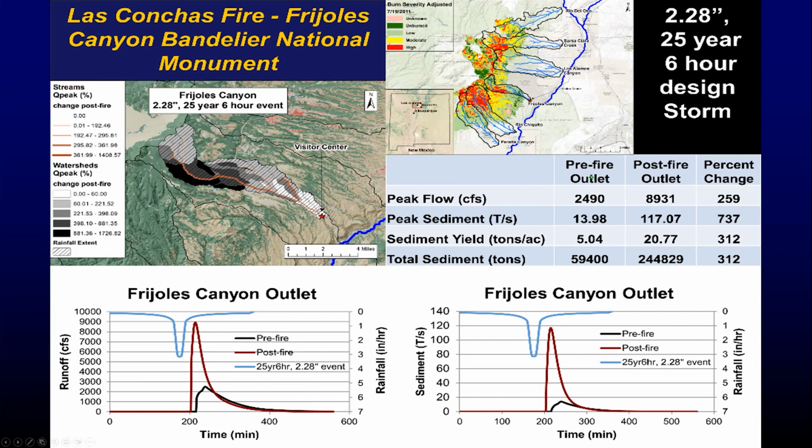And this is what we found from the pre and post-fire modeling in terms of overall percentage changes. The bottom two are the design storm hydrographs. They're the same in both cases. And runoff, pre-storm, pre-fire runoff is quite low, so we got a big increase post-fire.